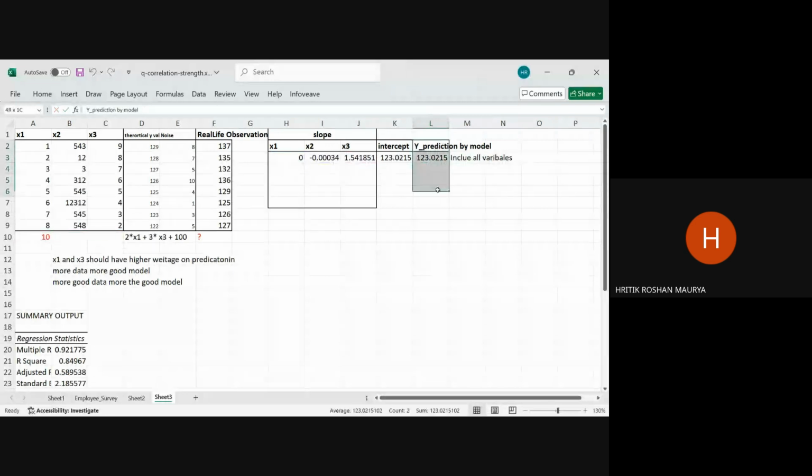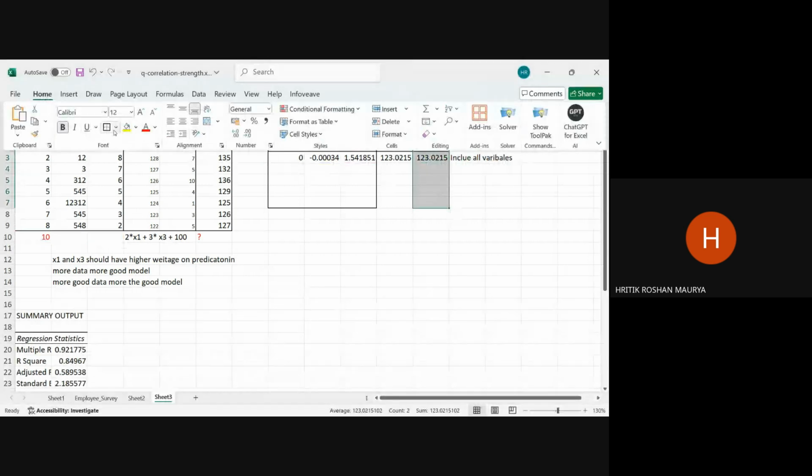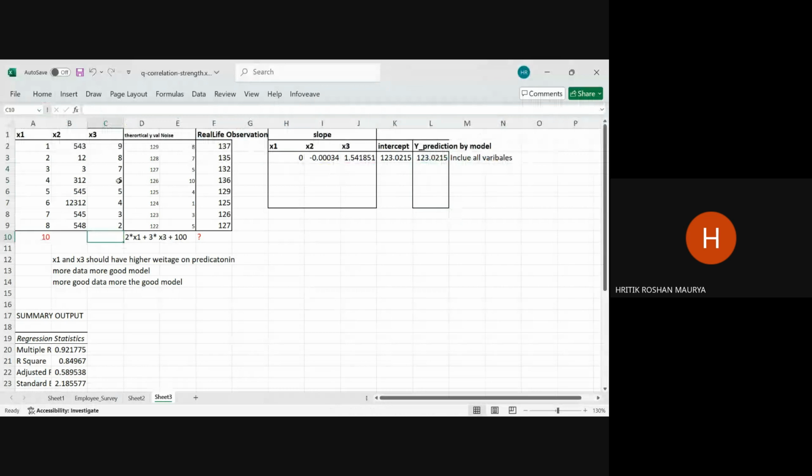Okay, so this will be our model prediction. Definitely I need this value, so this will be 1, and this will be some random value. Maybe the random value is like this.